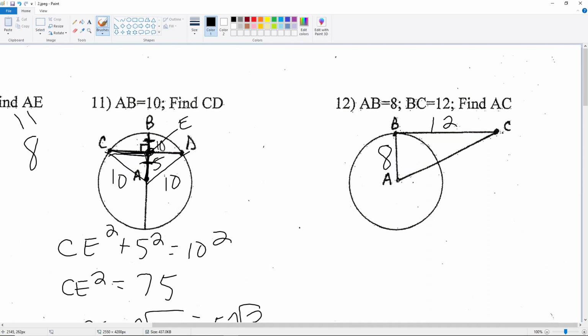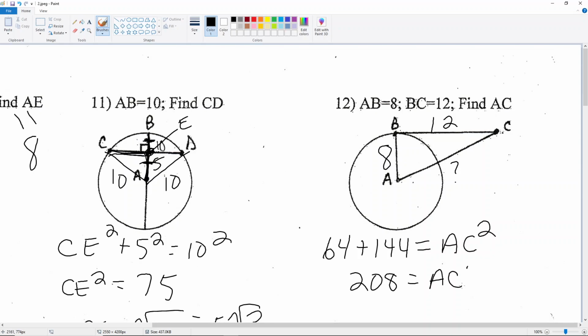All right, AB equals 8. BC is 12. Find AC. Well, that's the Pythagorean theorem. 8 squared, which is 64, plus 144 equals AC squared. And 64 plus 144 is 208. So AC equals the square root of 208.